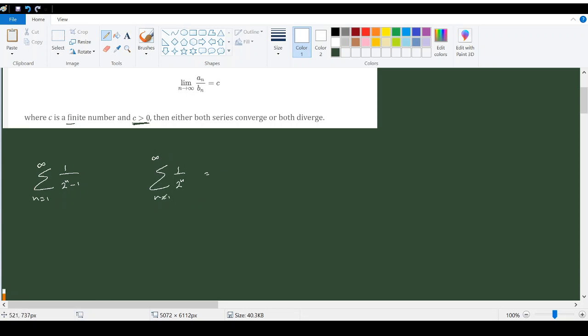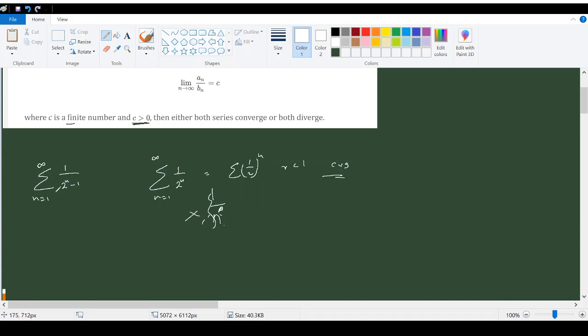Here for this one we cannot apply the p series test, because the p series test is for things like this, where n is the variable and p is a fixed value. But here it is a different thing. For this one you should apply the geometric series concepts. So this is a geometric series with r less than 1. Therefore this series will converge.